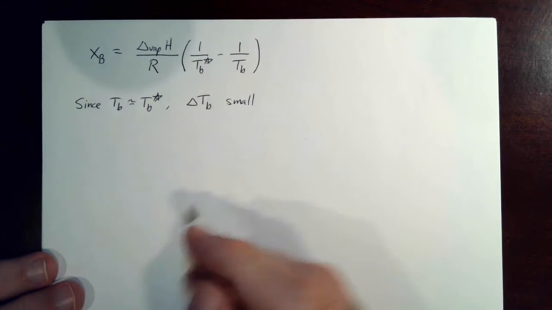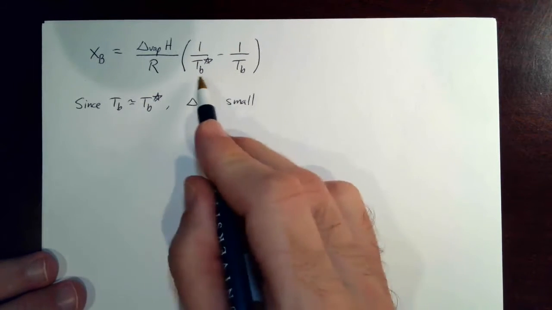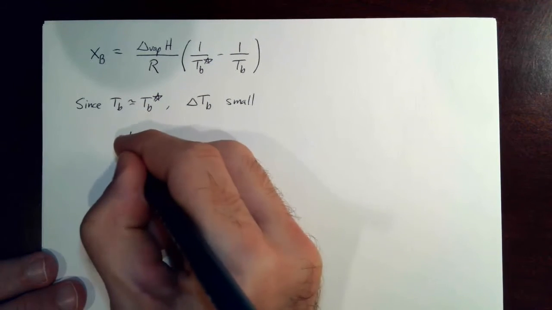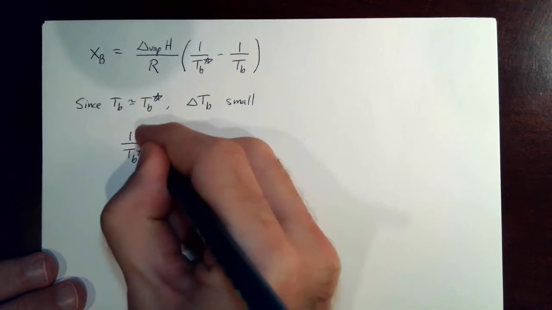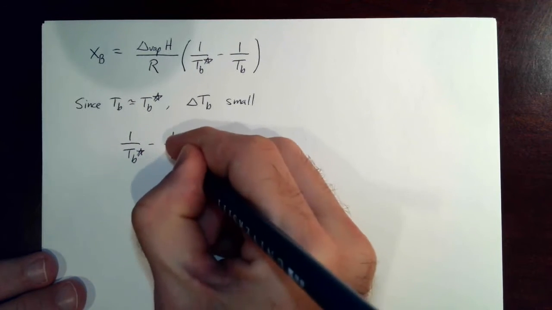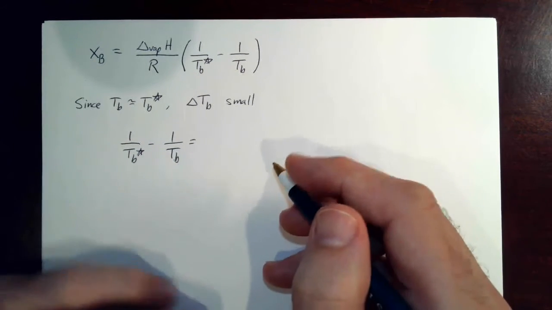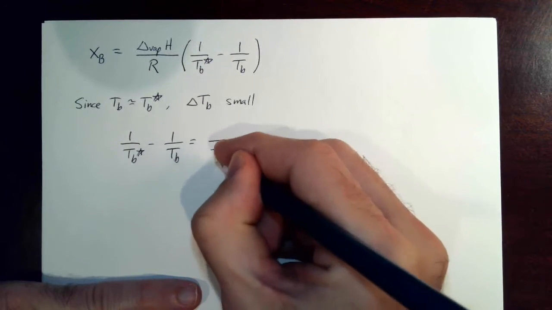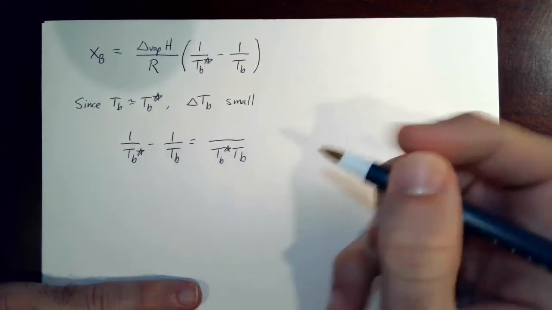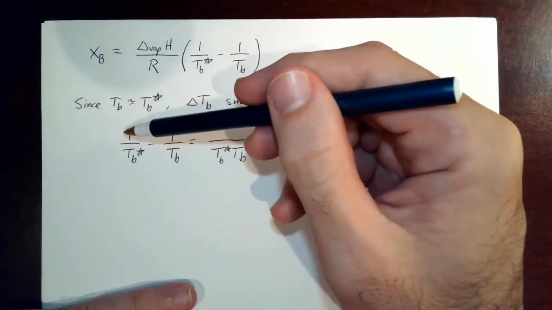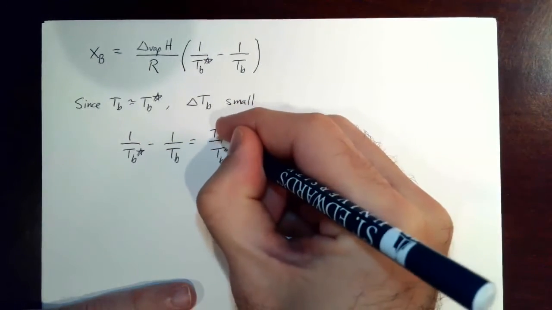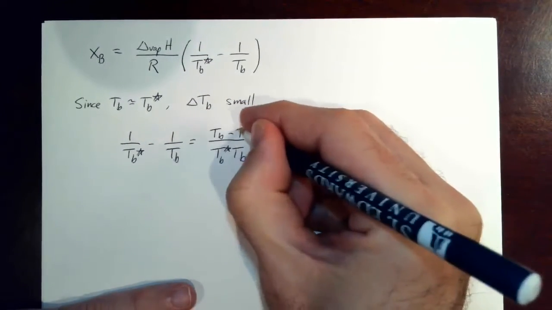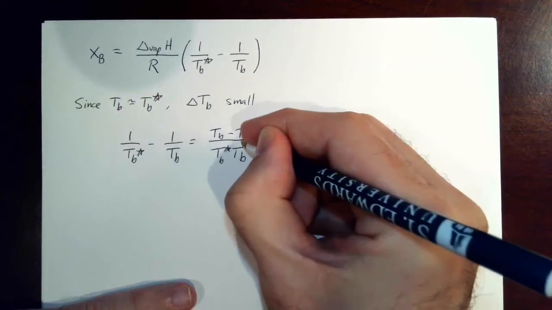And let's see what we can do with that. I'm going to take what's in parentheses here, and I'm going to find a common denominator. So the common denominator is going to be TB star times TB, which leaves me with a TB in the numerator over here minus a TB star in the numerator over here.